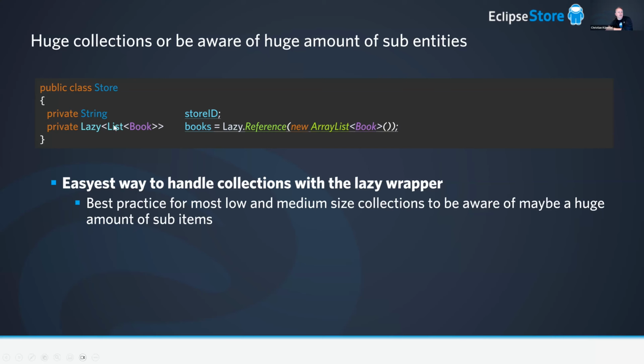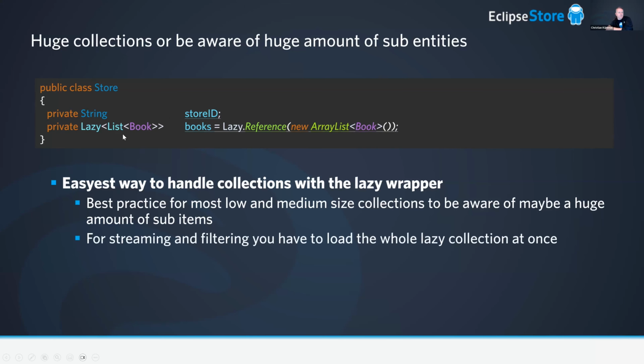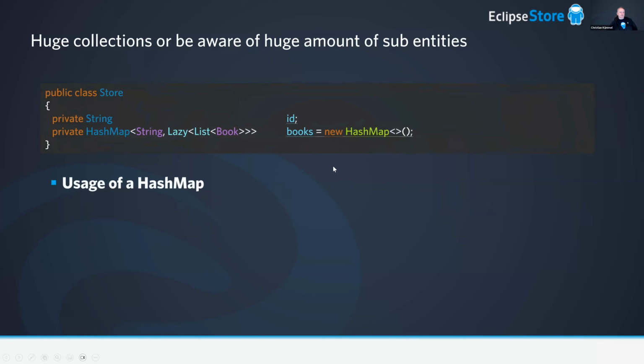When you call books and say get, then the whole list will be loaded at once, of course, to stream through. That's why I would only recommend this when it is a list which consists of a low to medium-sized collection. It depends on what kind of entities are in it and how many entities are in that.